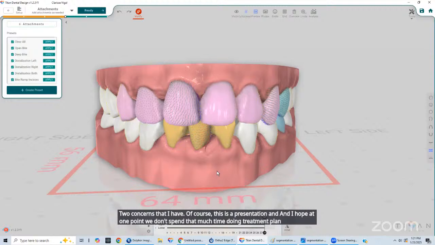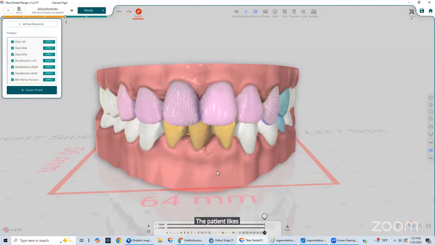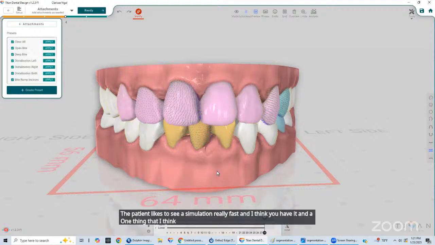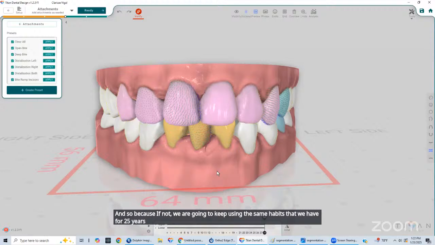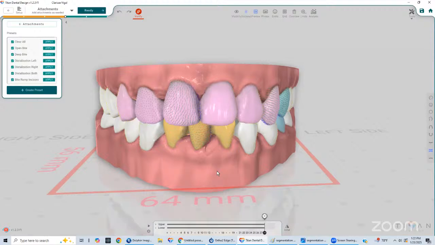And we'll do AI, and I think Frank is working on that. And with kind of like an outcome simulator, the patient likes to see a simulation really fast, and I think you have it. And one thing that I think will improve everything that you have is the use of CBCT. I'm a radiologist. I'm obsessed about CBCT, because if not, we are going to keep using the same habits that we have for 25 years, which is working with the crowns and dreaming about where the roots are positioning.